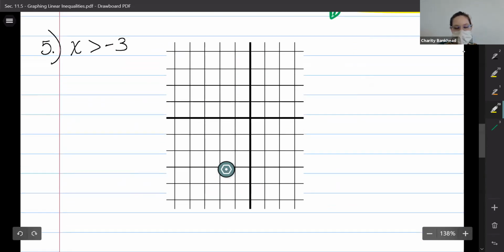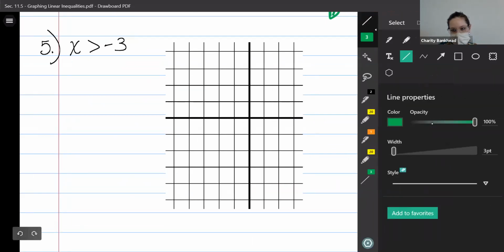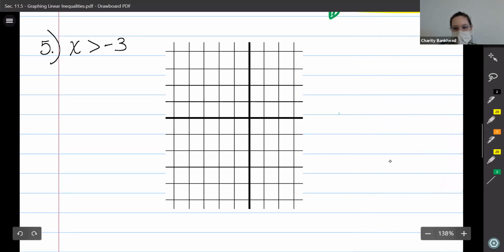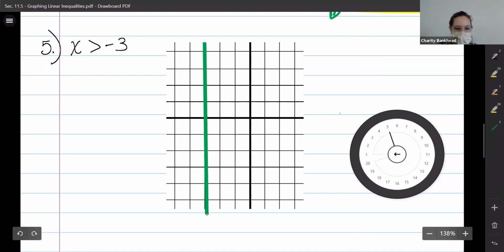Number 5 says x is greater than -3. So that is a vertical line at -3, and it needs to be dashed.